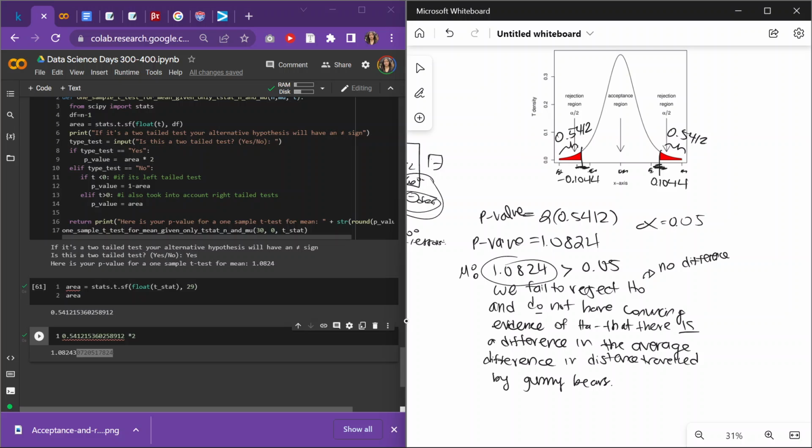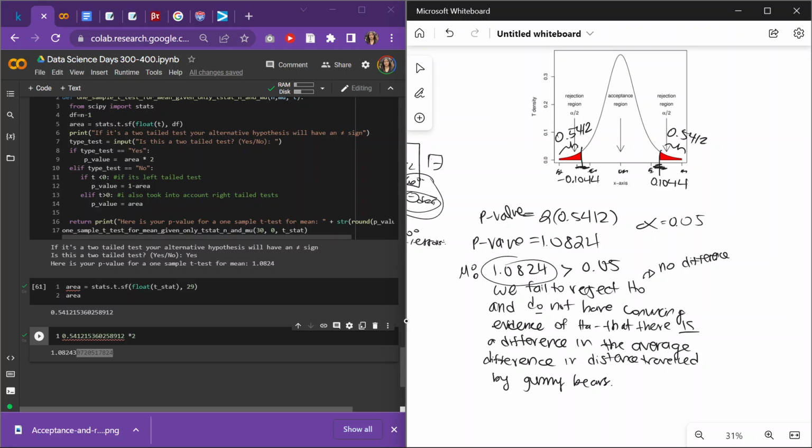And because it's greater than 0.05, we're saying that this could have happened purely by chance, greater than the significance level. It could have just happened by chance, so it's not statistically significant. That's what we're trying to say.